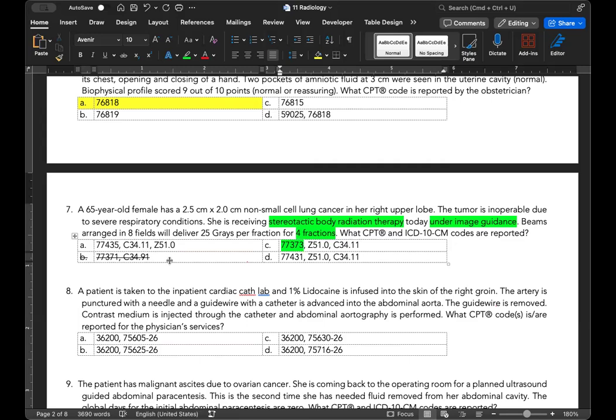And then your 77431 is the same thing, but it's for radiation therapy. And again, it's your management. Okay, so make sure that you're seeing the treatment delivery versus the treatment management. Now, if you get confused, in this case, we do have ICD-10 codes that we can help rule out as well. In 77435, you have the same ICD-10 codes.